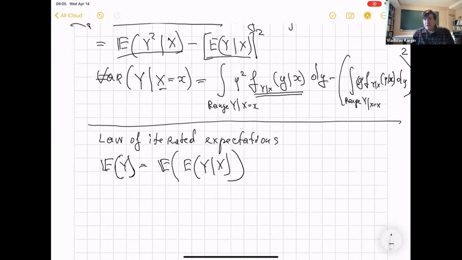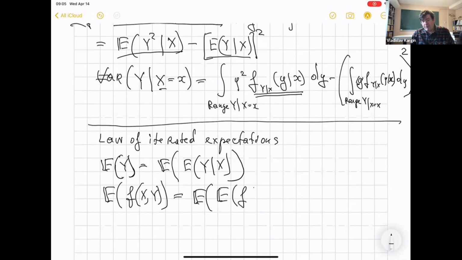Sometimes it can be used in another form, and it is useful to mention that you can also write a similar formula. If you have some function of x and y and you want to calculate the expectation of this function, you can calculate the expectation of the conditional expectation of f of x, y given x, and after that take the outer expectation.